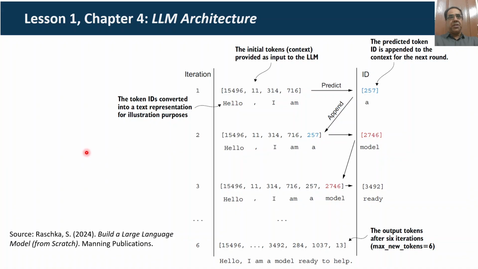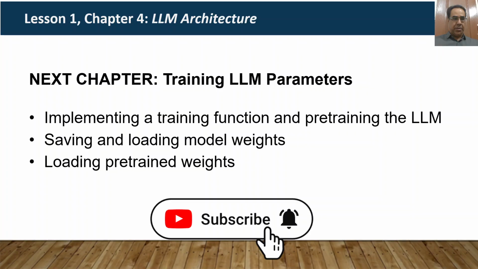This illustration shows the 6 iterations of the token prediction cycle, where the model takes a sequence of initial token IDs as input, predicts the next token, and appends this token to the input sequence for the next iteration. Okay.